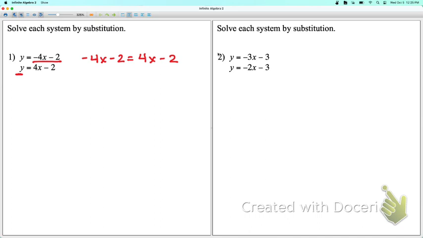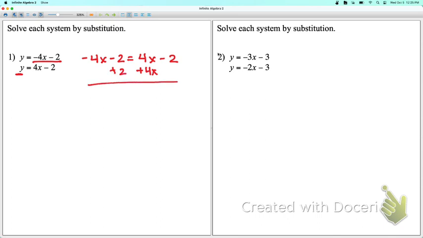What would you like to do? When you combine the like terms, you have an equal sign in the middle, so you have to add to the other side. Do you want to add 4x or minus 4x? Add. I'm going with add 4x and add 2.